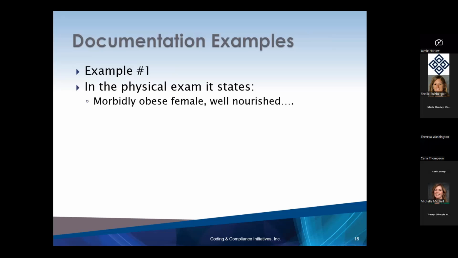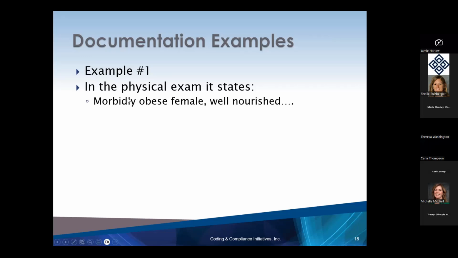So when we're looking at this example, the exam states that the patient is a morbidly obese, well-nourished female. When we see this, we know that we can code, if we were looking for coding opportunities, morbidly obese, E66.01, because the provider specified that.